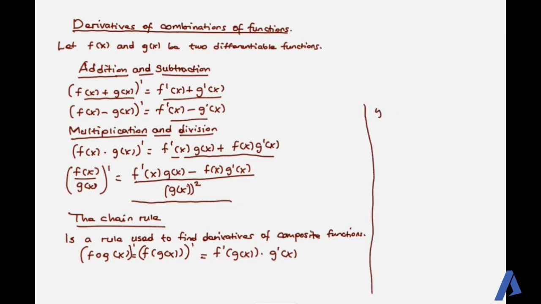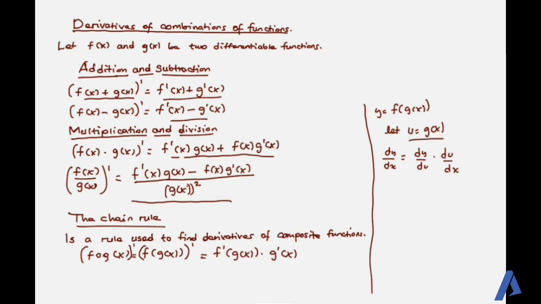Let's say y is equal to f of g of x. Then here we write let u is equal to g of x. Then what is our goal? It is to find dy by dx. We can find dy by dx directly by using another variable, u, as dy by du multiplied by du by dx.